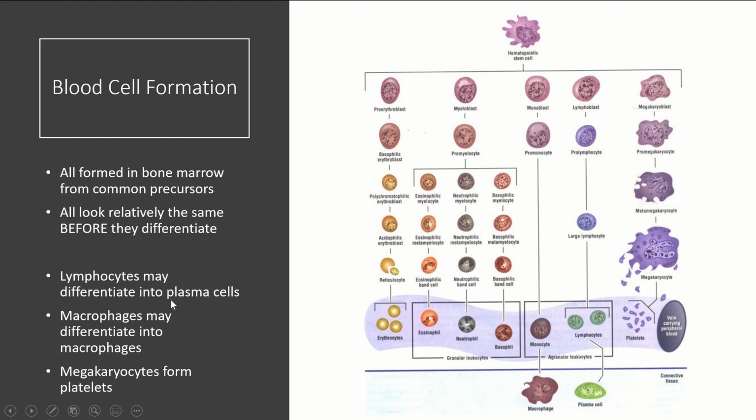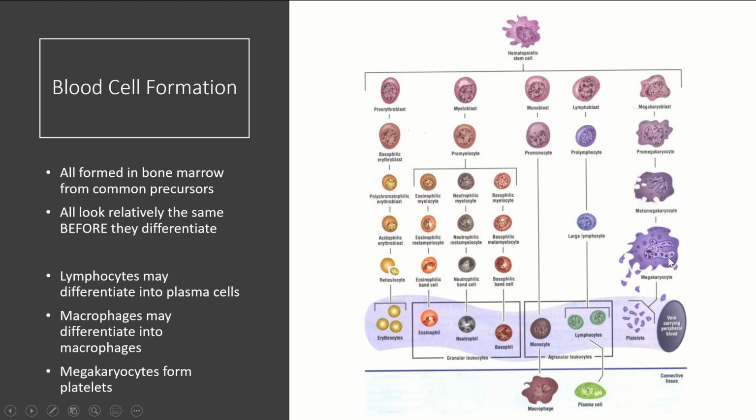Some things I do need you to know is that lymphocytes make T and B cells, right? And those B cells may differentiate into plasma cells. So that's what we talked about earlier. They go into the tissues, they turn into plasma cells, and they make antibodies, right? Another thing I need you guys to know is monocytes will differentiate into macrophages in the tissue. We've already covered that as well.